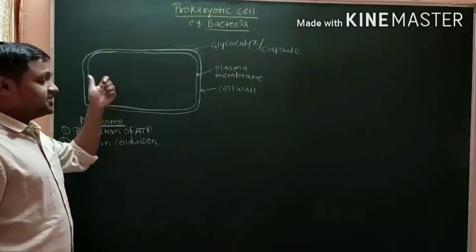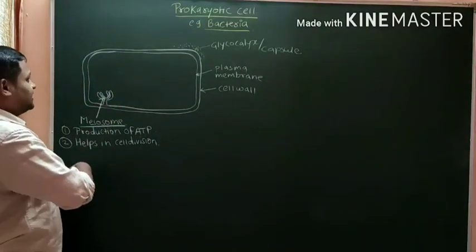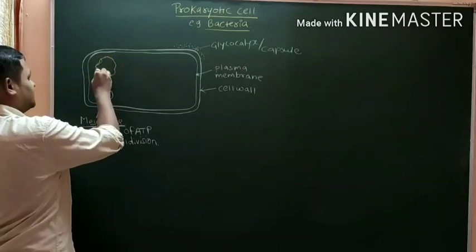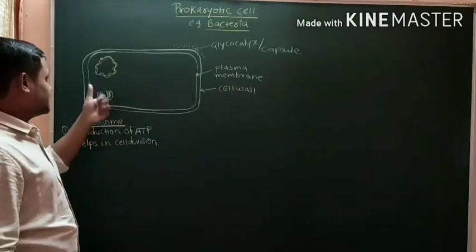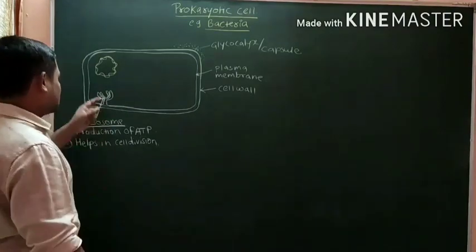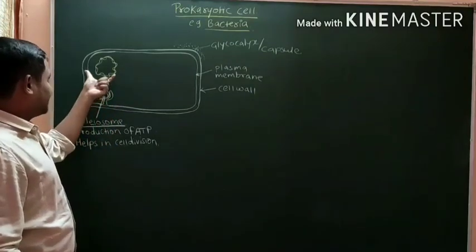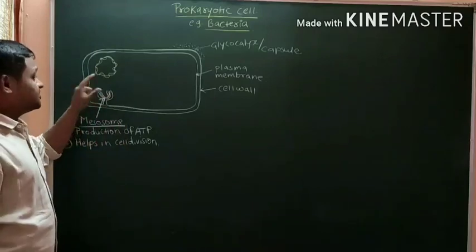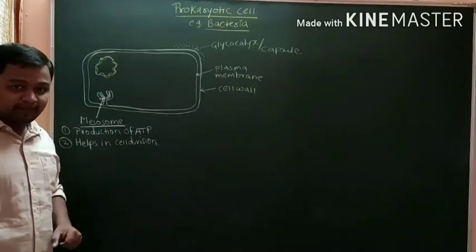After that, the genetic material. In case of prokaryotic cell, the genetic material is typical circular double-stranded DNA without histone and proteins. This double-stranded DNA is without nuclear pore, nucleoplasm, nuclear membrane.